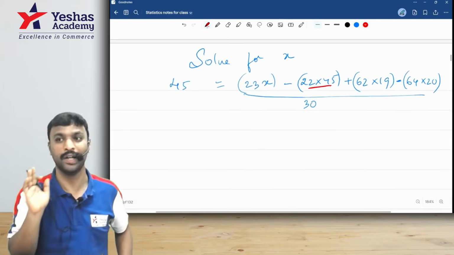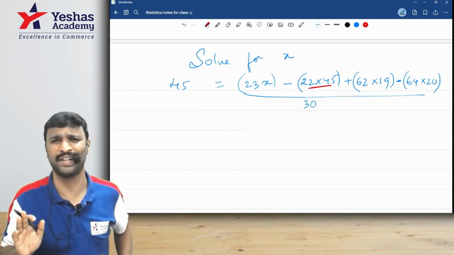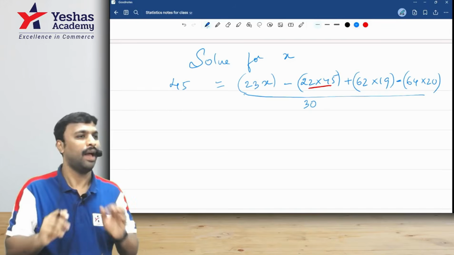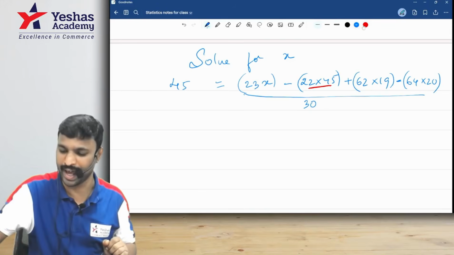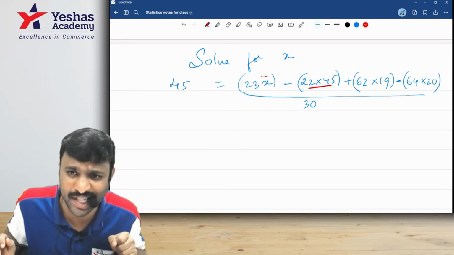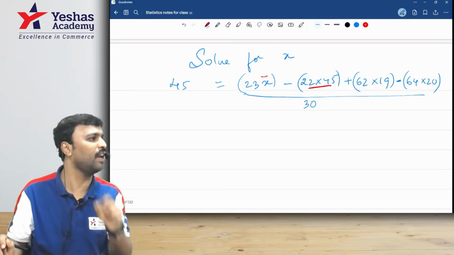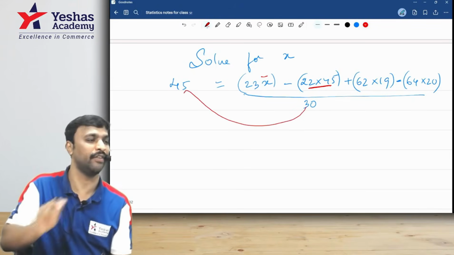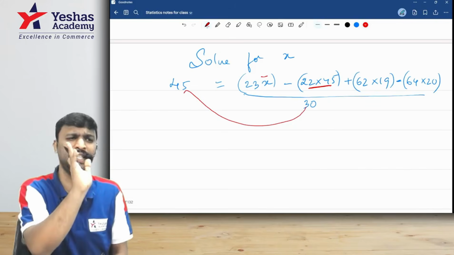Now, everybody, look here. Please do it with me. Don't get distracted with something else, right? The first thing that I should transfer except x is what? The whole divided by or whole multiplied by. What do you transfer first of all? Whole divided by 30. So 45 into 30. Wait. After doing 45 into 30, just wait.